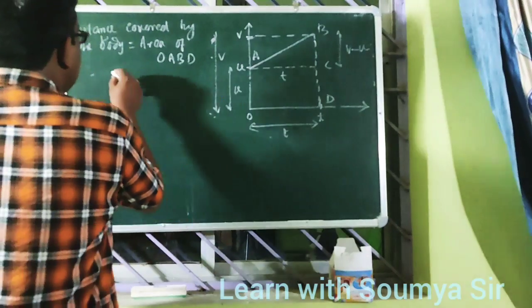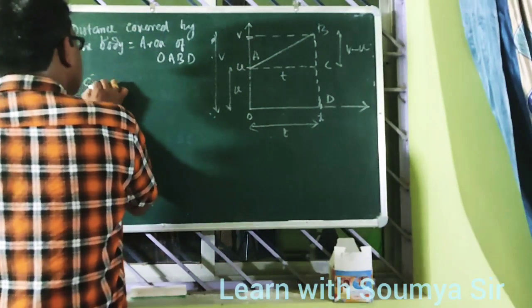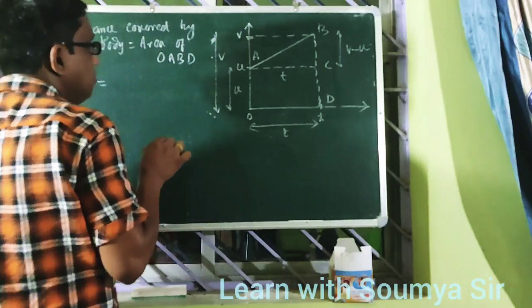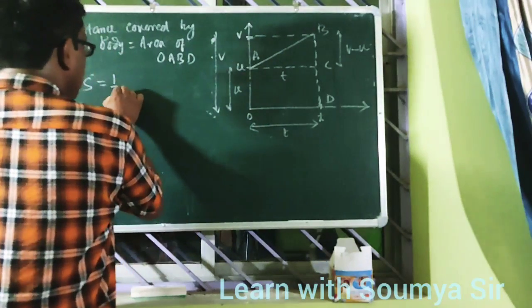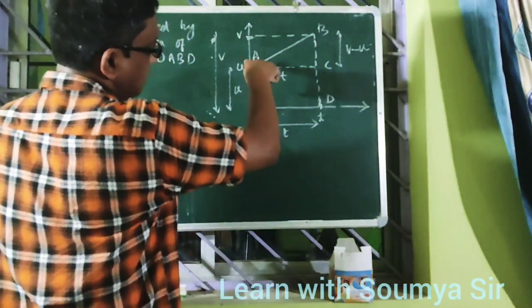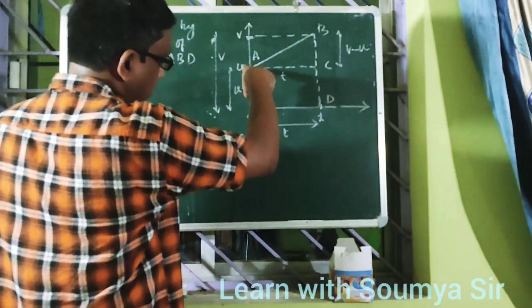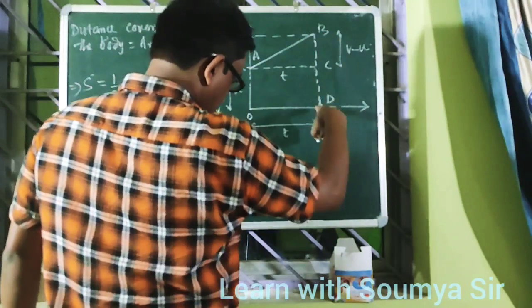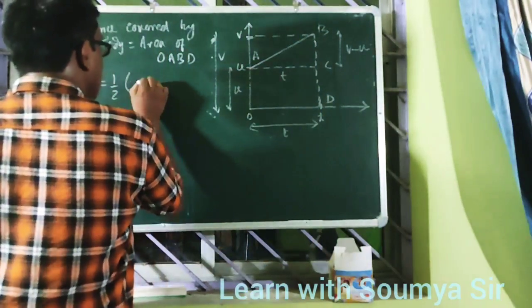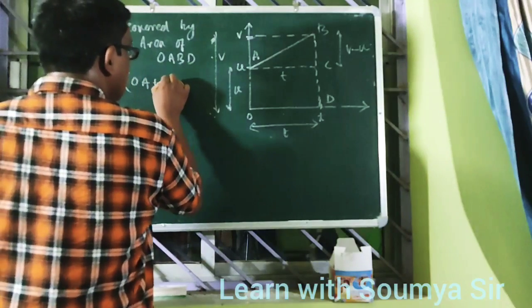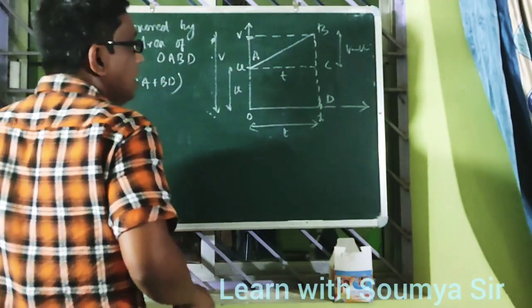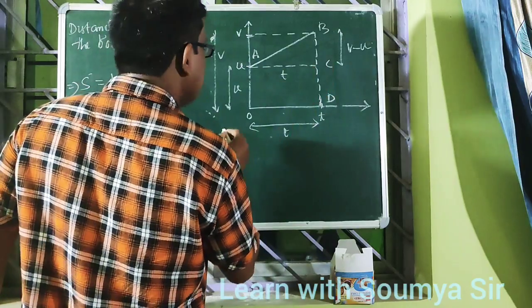So s is equal to half into the sum of the parallel sides. OA is one side, BD is one side, OA plus BD, into height. Height is AC.